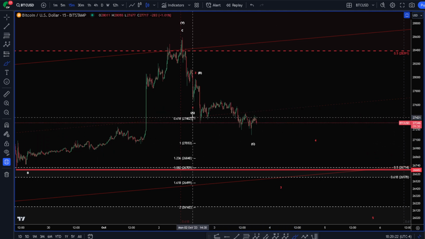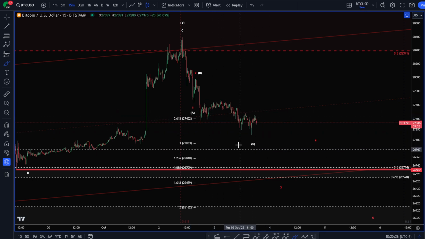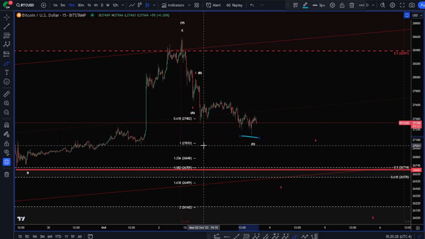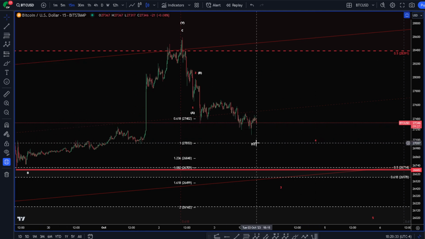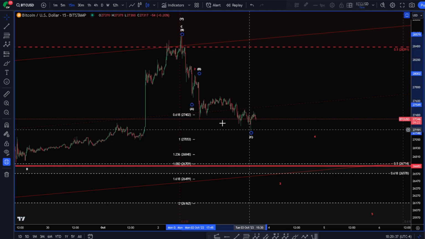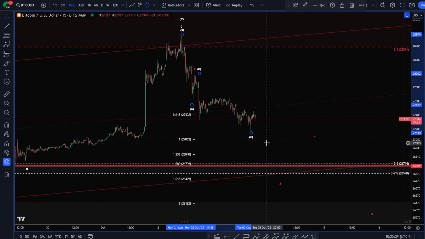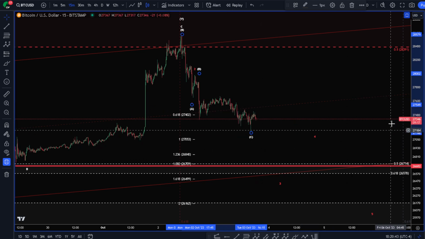The other thing is I usually expect the second wave 1 to come to the 618, and it's almost come to the 100. So I'm starting to be open to the possibility that this is just an ABC 3-wave move. It can come a little bit further down. Maybe this ending diagonal expands a little bit more and comes to the 1-to-1.